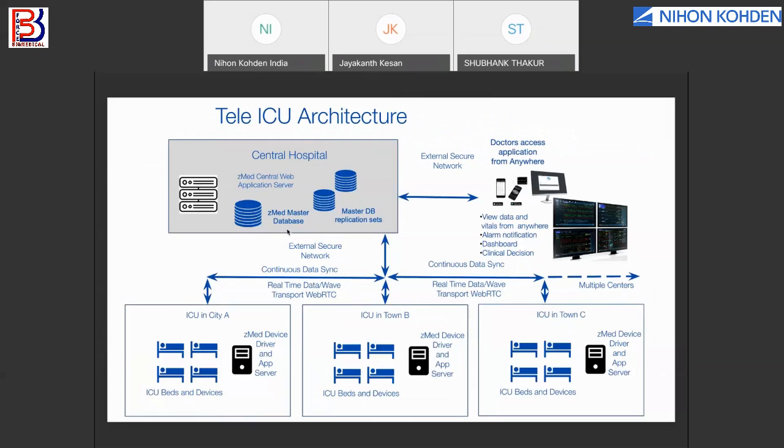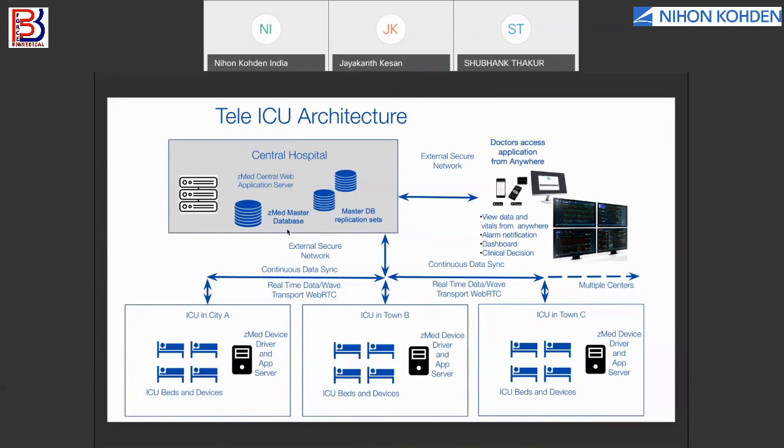Right now, one of the important trends that is happening within India is this tele-ICU or telemedicine and tele-critical care, where expert physicians can be located in a central hospital in a tier 1 city or one of the metros.